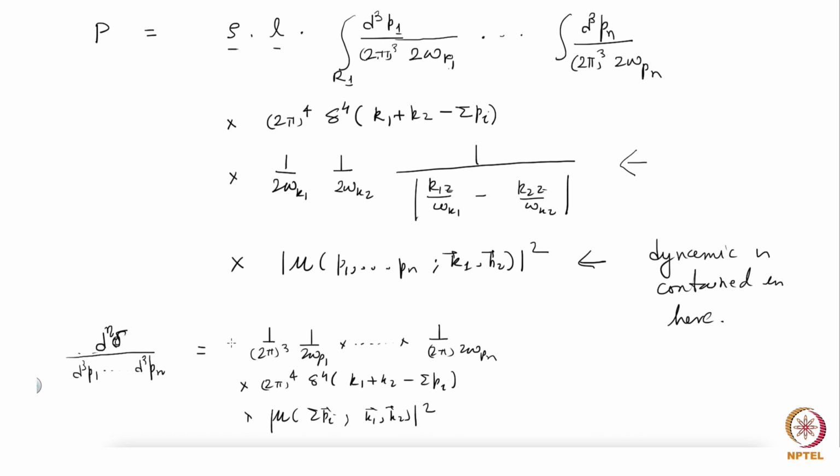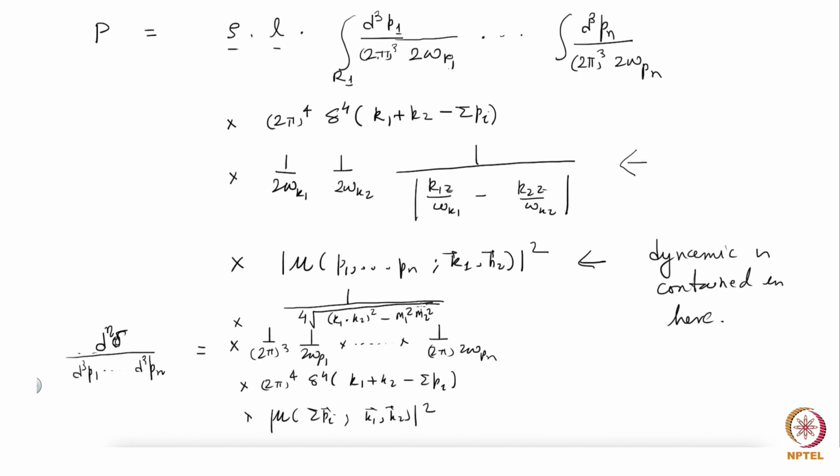There is one more factor which is going to come from this line, and you can show that this is 1 over 4 times the square root of (k1 dot k2) whole squared minus m1 squared m2 squared, where m1 and m2 are the masses of the particle with momentum k1 and the particle with momentum k2.